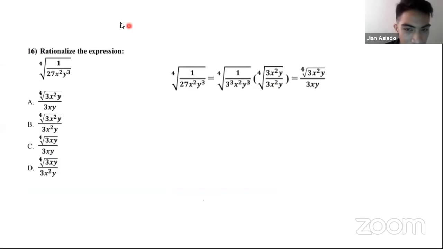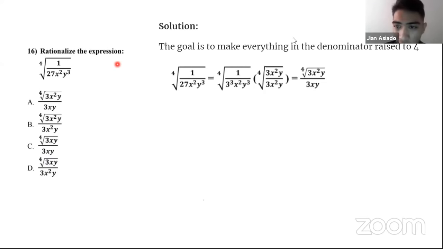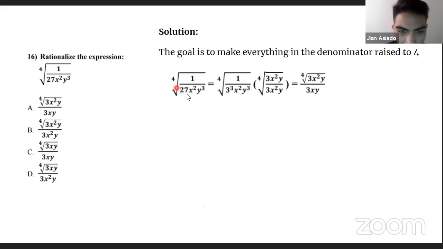And then, rationalize the expression. Okay, etong rationalizing expression, the goal here is to make everything in the denominator raised to 4, no? So, paano ba to? So, for example, ito, rationalize mo tong expression na ito, then ano ba yung kailangan i-multiply para si 3 raised to 3 maging 3 raised to 4, no?